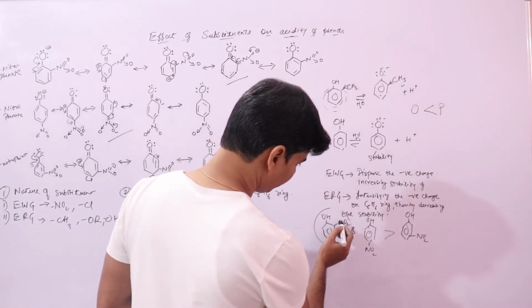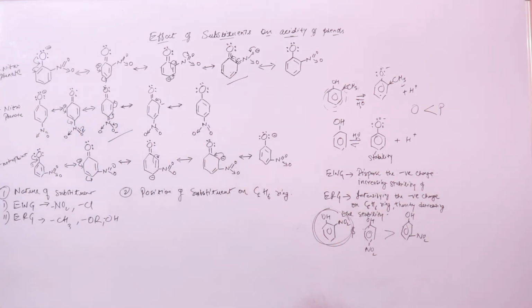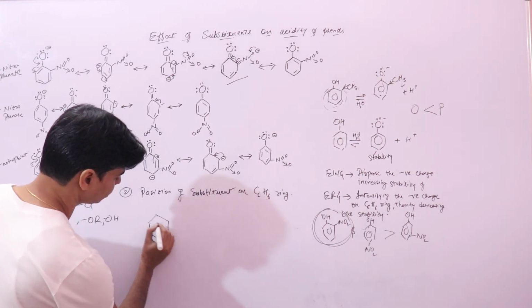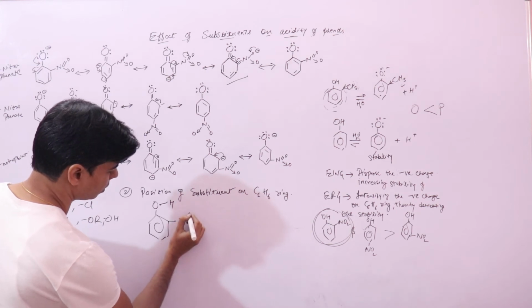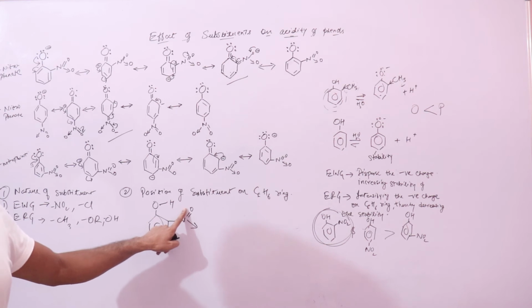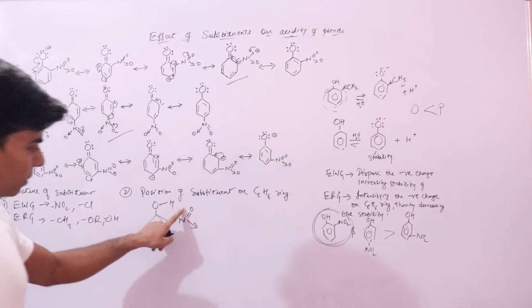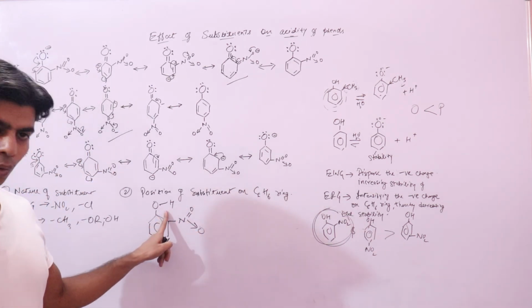let's draw this ortho isomer. You have a highly electronegative oxygen and you have hydrogen here, so hydrogen bonding is possible, because this nitro group is close to this OH.